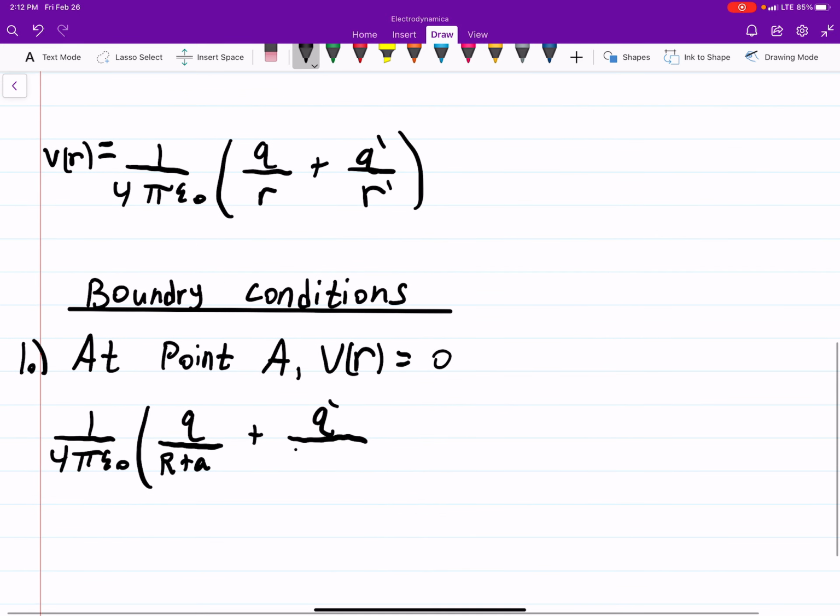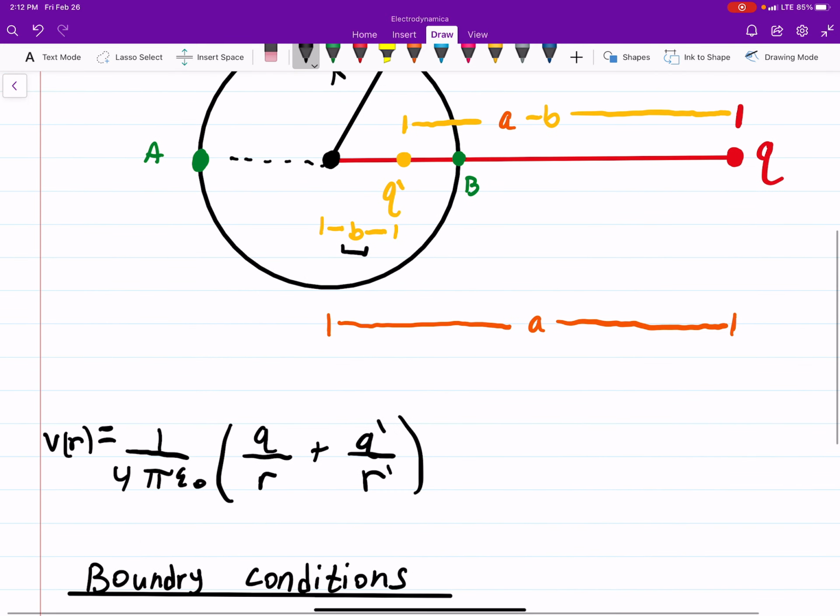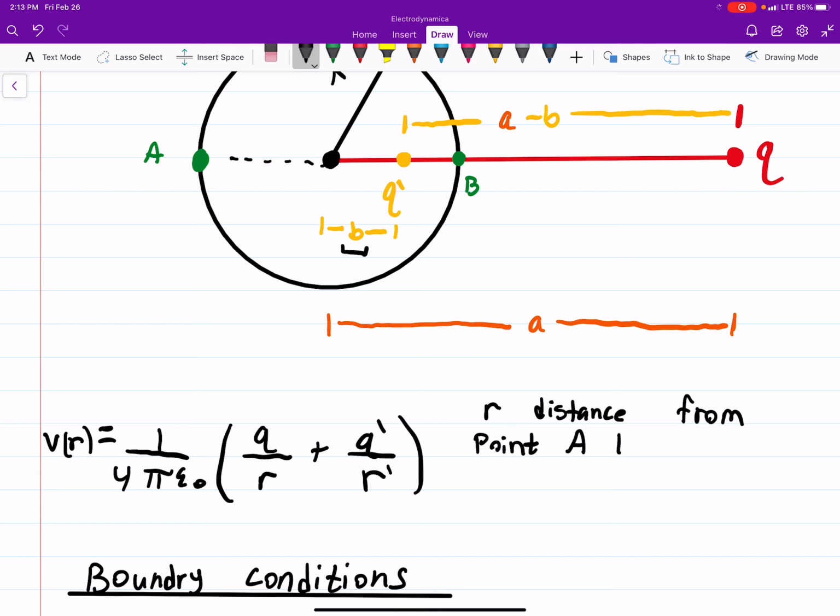So this will be R plus B, and this should equal 0 by our boundary conditions. So hopefully that makes sense. R is the distance from point A to our charge Q, our real charge.